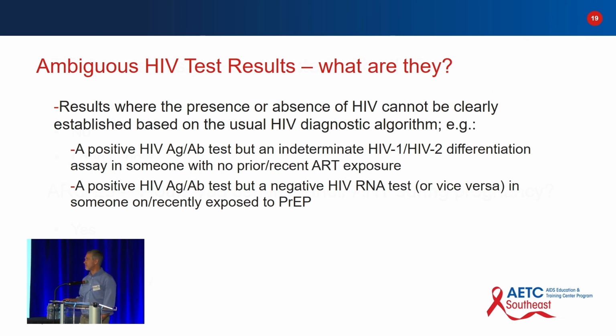The CDC gives some specific examples as well, including a positive HIV antigen antibody test followed by an indeterminate HIV-1-2 differentiation assay in somebody who doesn't have recent ART exposure, or a positive HIV antigen antibody test, but a negative RNA test, or vice versa, in somebody who has recently been exposed to antiretrovirals.